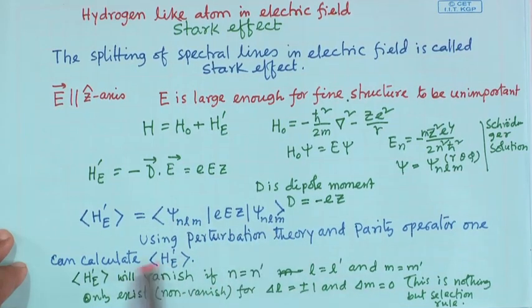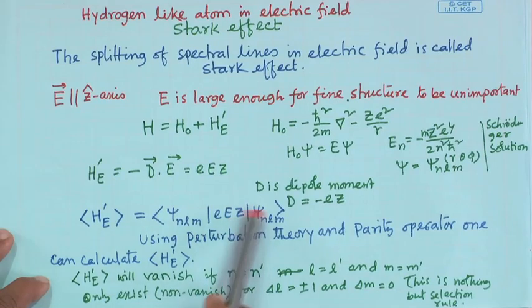Here I am just telling the result of the calculation. One can show that this term H E dash vanishes if n equals n dash, l equals l dash and m equals m dash. It only exists, meaning it does not vanish, for delta l equal to plus or minus 1, meaning l dash should not be the same, and simultaneously delta m equal to 0.